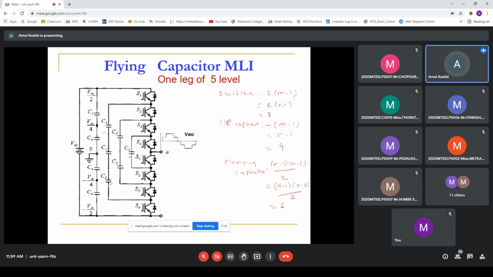And again the same nature of output voltage is produced here, which was produced in the diode clamp inverter. So there is no difference here. What can be the advantage of this flying capacitor inverter as compared to the diode clamp inverter? Here the count of the capacitors is more as compared to the diode clamp, so the storage capacity itself is increased.